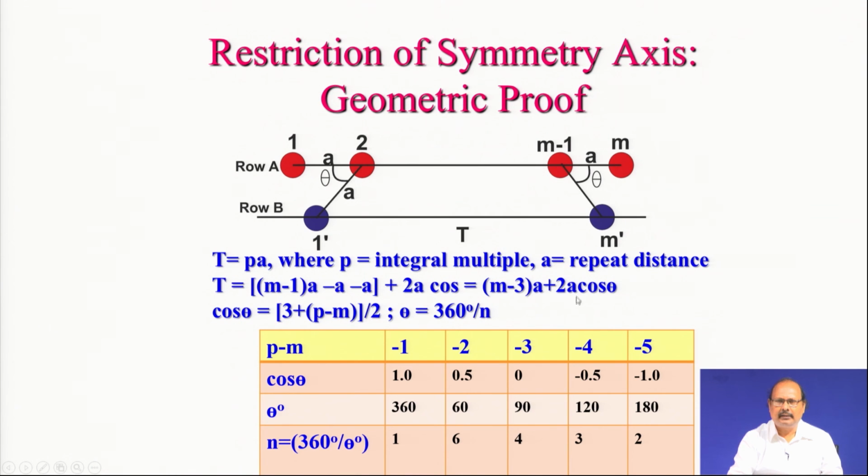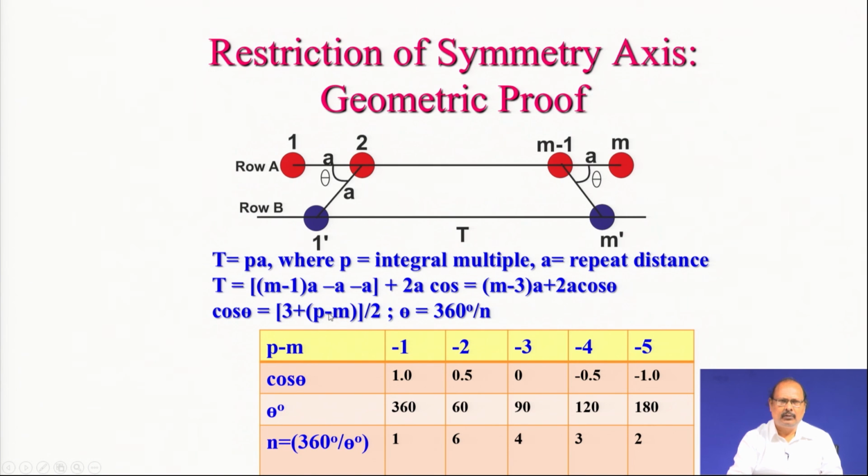We can rearrange this, and we have cos theta equal to 3 plus p minus m, the entire part in brackets, divided by 2, where theta is equal to 360 divided by n.